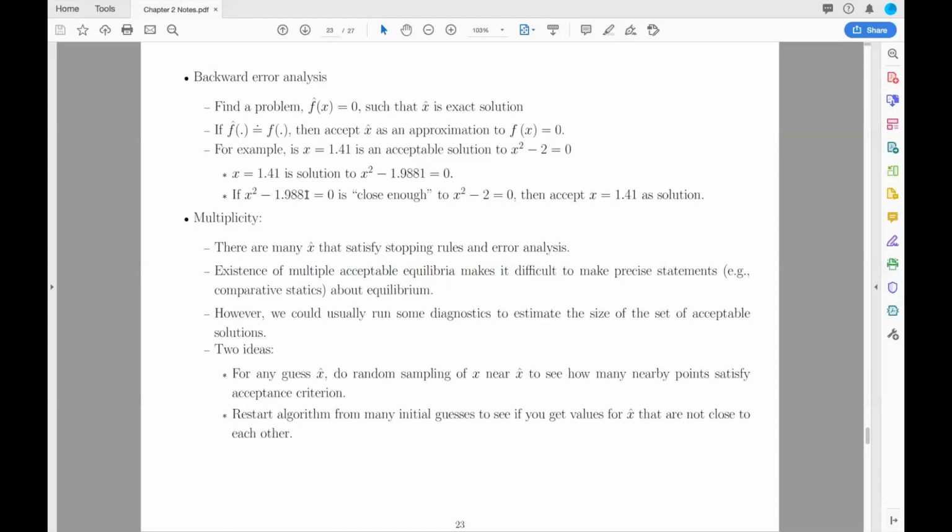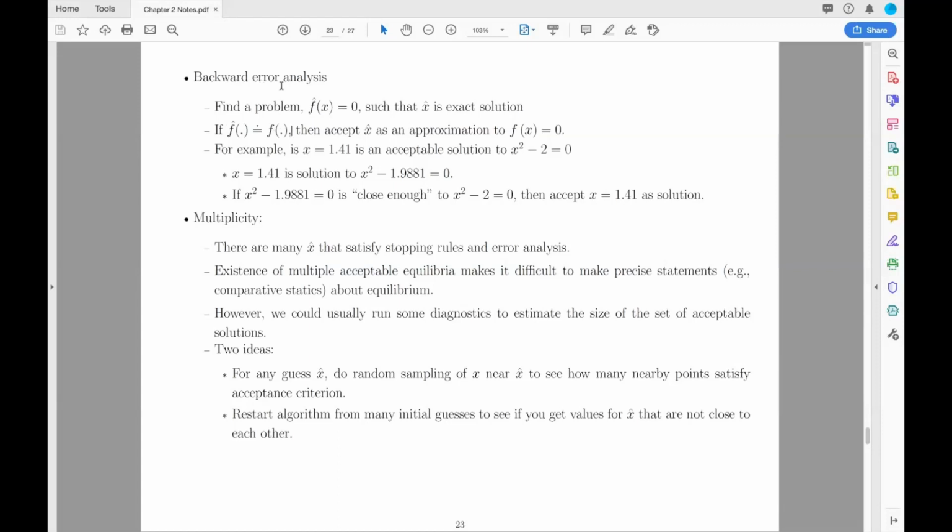Doing formal backward error analysis, I haven't seen it done much in economics. When I have, the problem is that checking whether or not the approximate problem was close to the true problem was not done carefully.